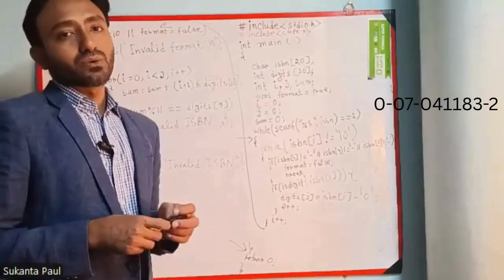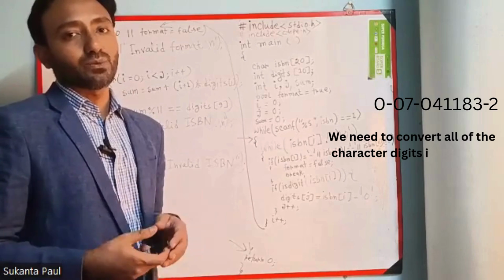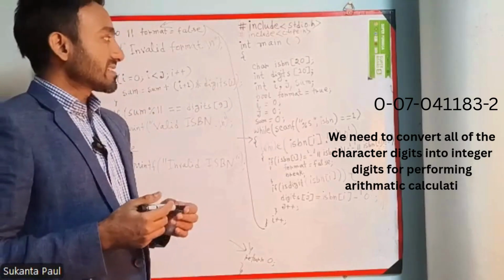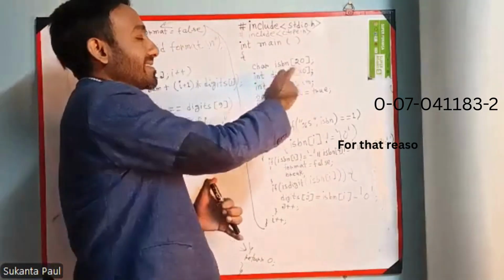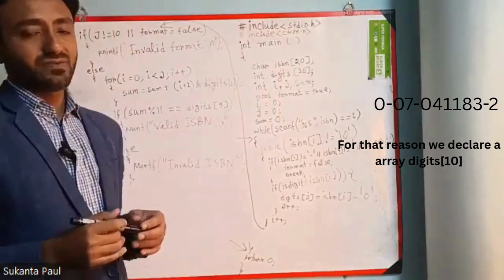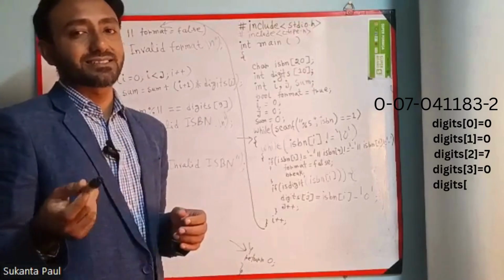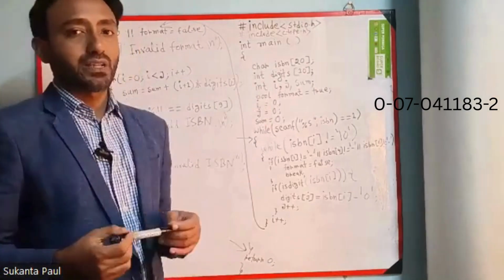So we need to convert all of the character digits into integers to perform the arithmetic calculation. For that reason, we declare an integer array variable, digits[10]. So 10 digits will be stored here: the first digit in position 0, the second digit in position 1, and the 10th digit in position 9 of the digits array.